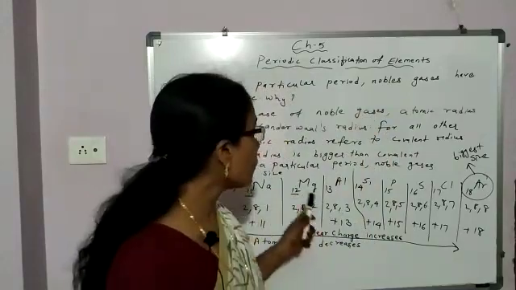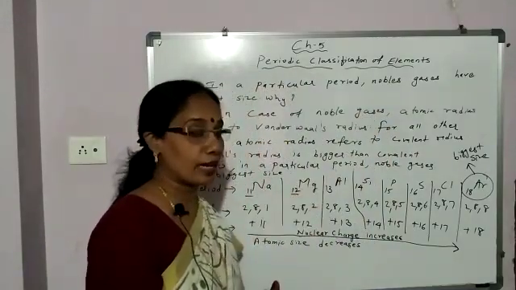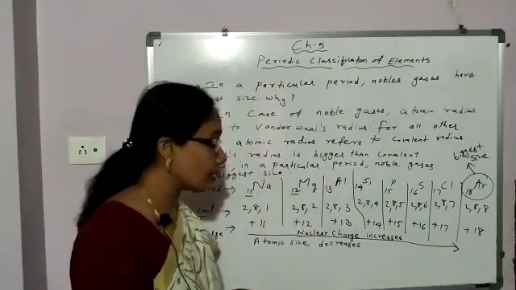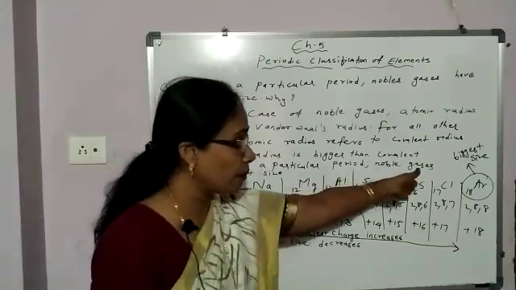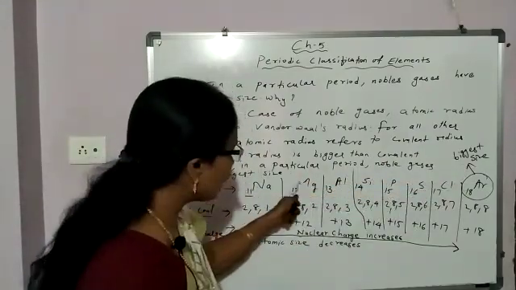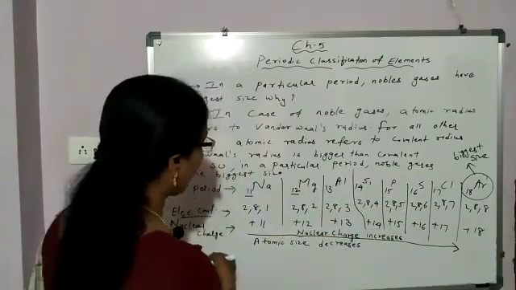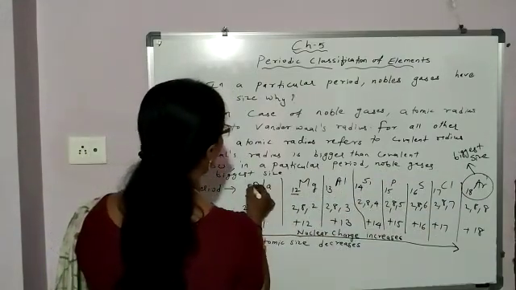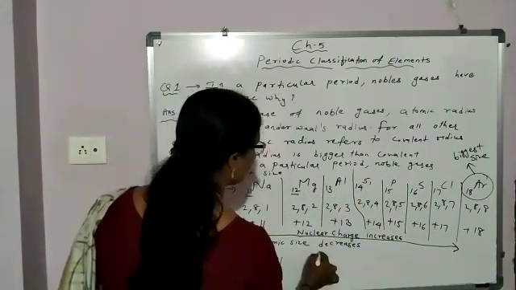Okay. Now, based on this, the next type of question that can be asked is that a table will be framed this way. In place of these elements, what will be written? A, B, C. Suppose in place of sodium, what will be written?